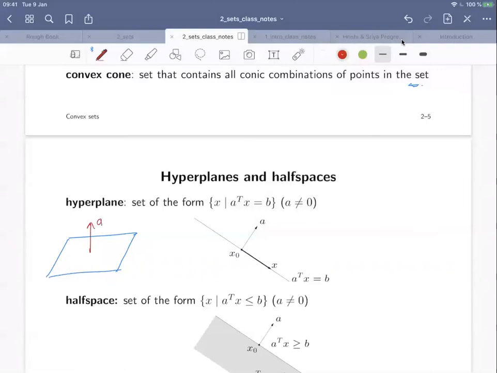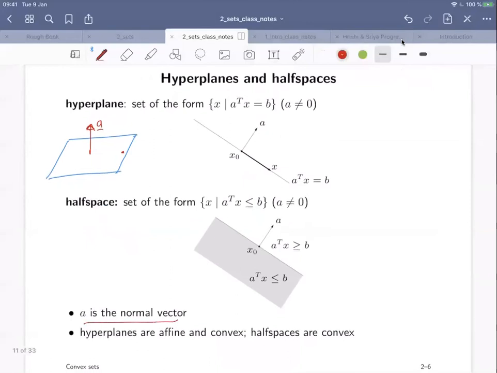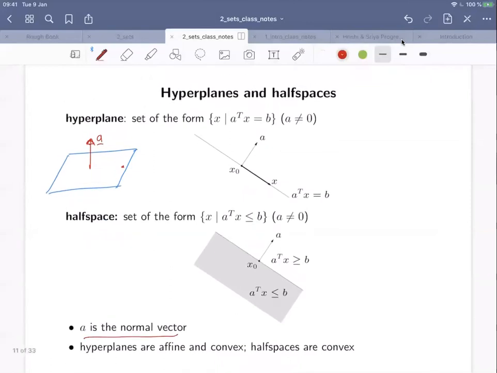So we say that this plane is normal or perpendicular to this vector A, right? So A is called the normal vector of the plane, and we also have B. So A and B together define a unique plane, right?